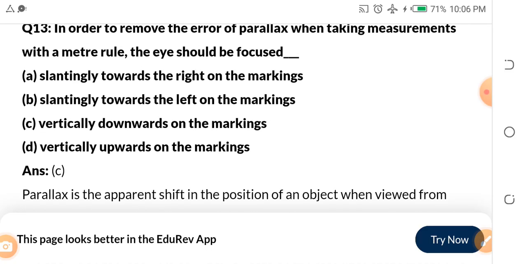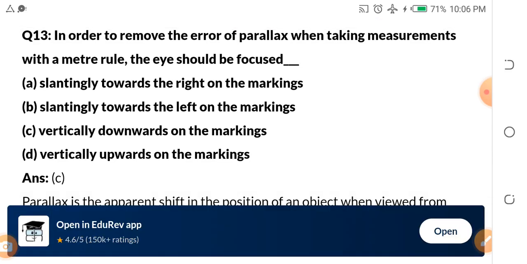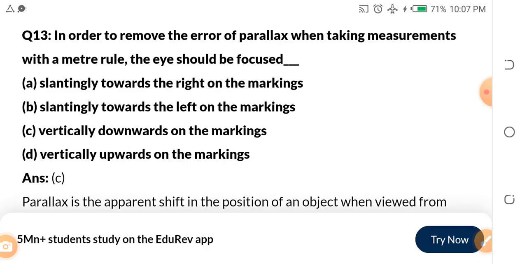In order to remove the error of parallax when taking measurements with a meter rule, the eye should be focused dash. Where should the eye be focused? A. Slightly towards the right on the marking.